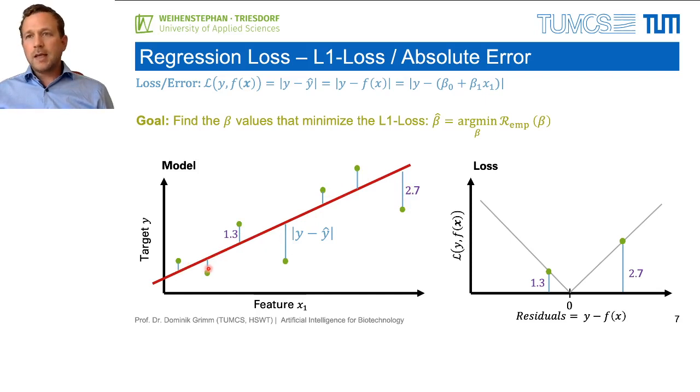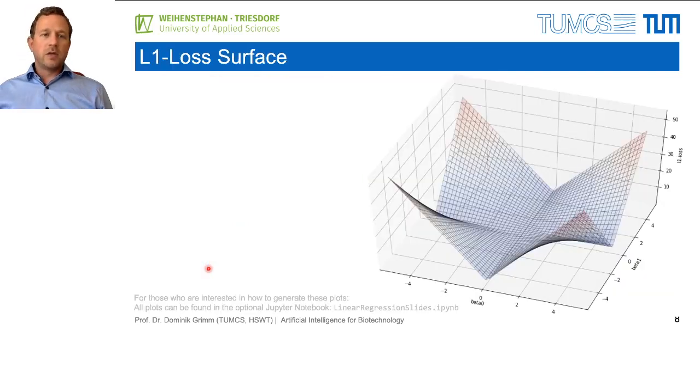So now let's look at the surface of this L1 loss. I used Python here to plot the surface for all beta 0 and beta 1 values in a specific range. So I said the intercept, beta 0, can be between -4 and +4, and beta 1, the slope, can be between -4 and +4.